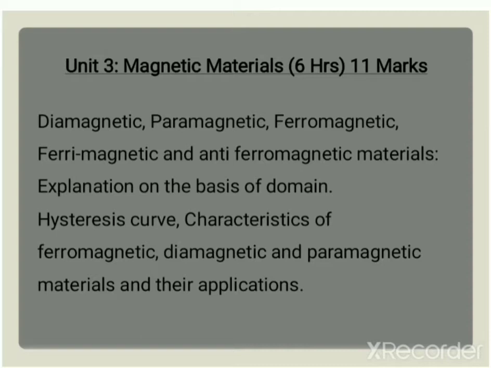Then we discuss all the types of materials on the basis of the domain. One important concept is the hysteresis curve. Then the characteristics of all the magnetic materials and their applications are studied under this unit.